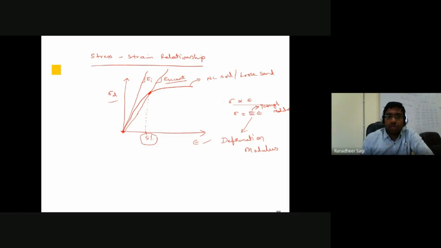For a corresponding strain of 10%, if I want to determine my secant modulus, that 10% strain point on the curve is meeting the curve at some point here, and from the initial portion, I'll try to join these two points to represent a straight line, and the slope of this straight line is what I am calling once again secant modulus.